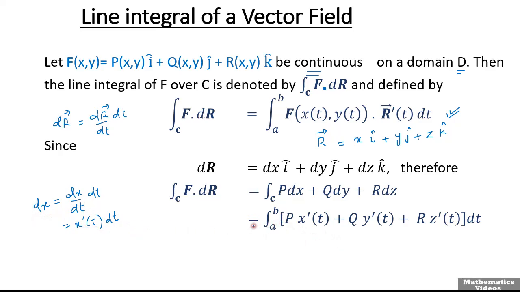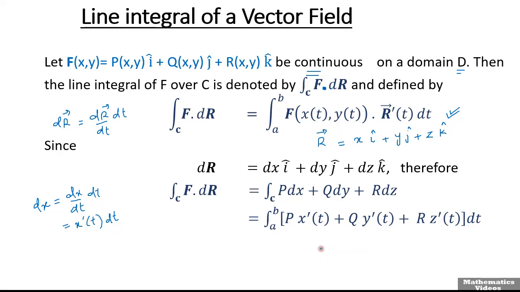That is the definite integral with respect to t from a to b, and the integrand is p times x prime of t plus q times y prime of t plus r times z prime of t, times dt. So this is another definition that we use to calculate the line integral of the vector field. So this is how we can define the line integral of a vector field.